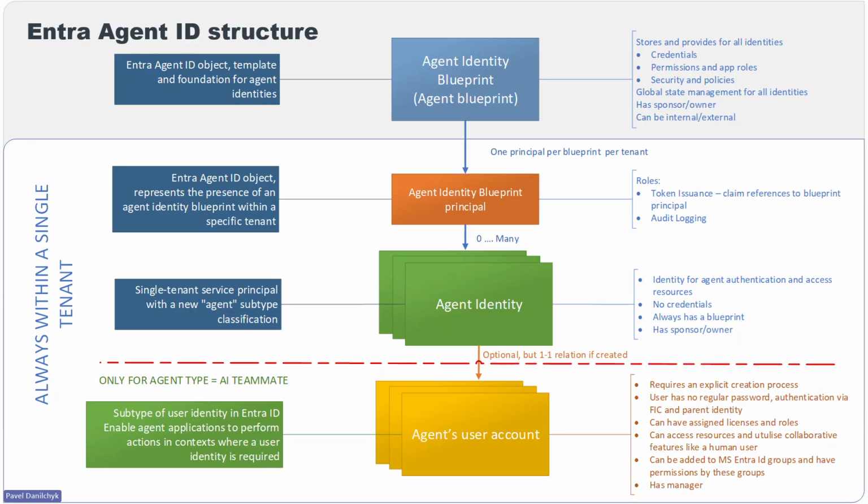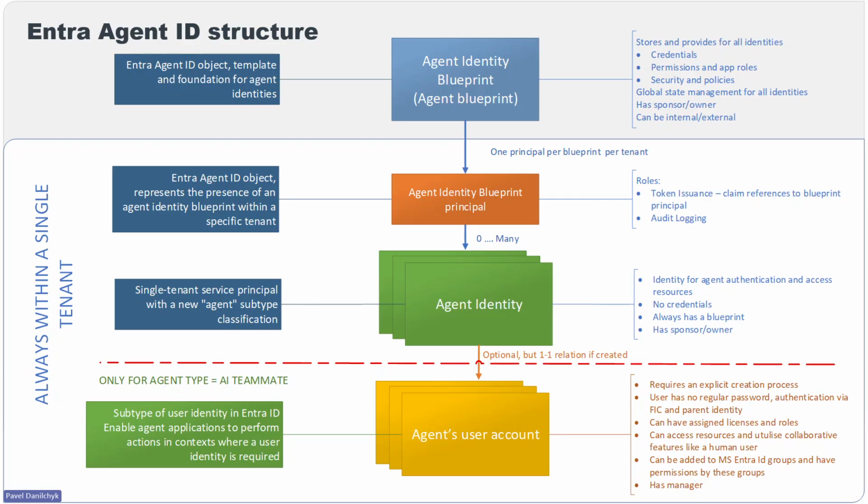So we go from the bottom to the top in the authentication process. An agent identity always has a blueprint. You can't create an identity without it. An agent identity will have sponsors and owners and doesn't have any credentials.